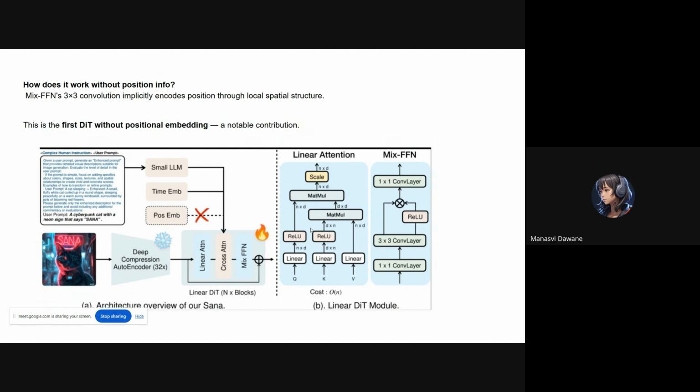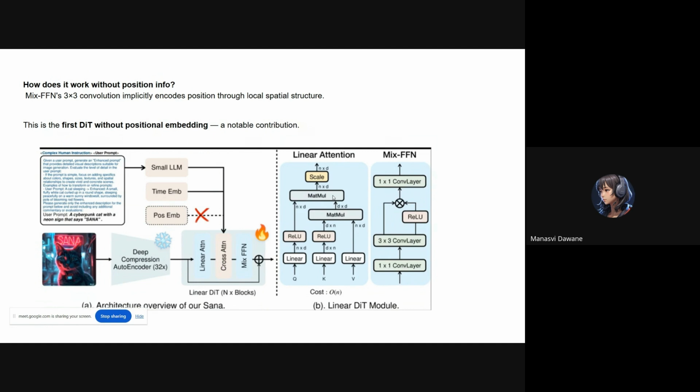And here, as D is small, we get D into D, which is a tiny matrix, and scaled. Whatever output we get is divided by the square root of D to prevent the values from exploding. So the cost is linear, not quadratic, for this linear attention.